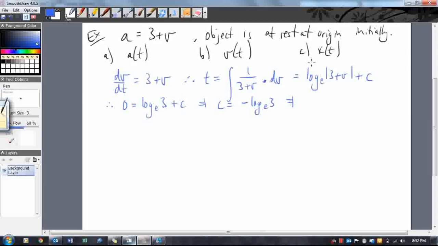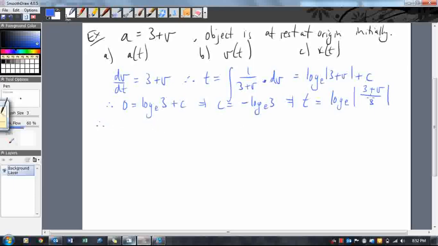I've lost it. t is equal to, now if that's log e (3 plus v) minus log e 3, that's going to be log e of the modulus of (3 plus v) over 3. Okay, so that's my t, but I want to rearrange that for v of t, so let's do that.